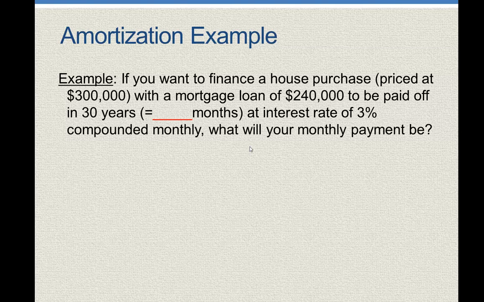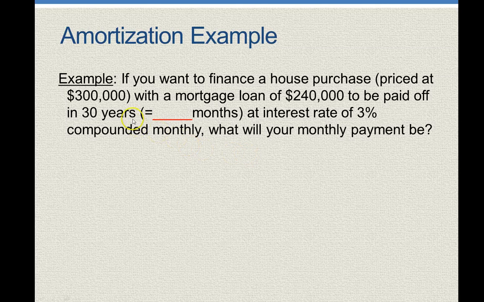But either amortized loan or general annuity questions are based on the same formula, which is the present value of the annuity. It's just solving for different unknowns. Here we are solving for the payment based on the present value, and there we are provided with the payment and want to solve for the present value.